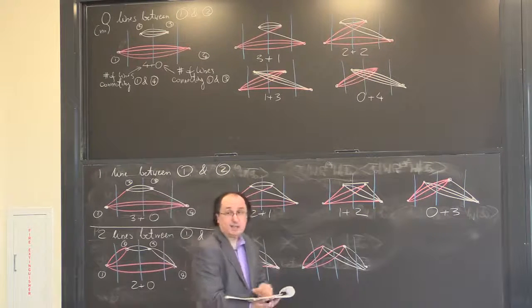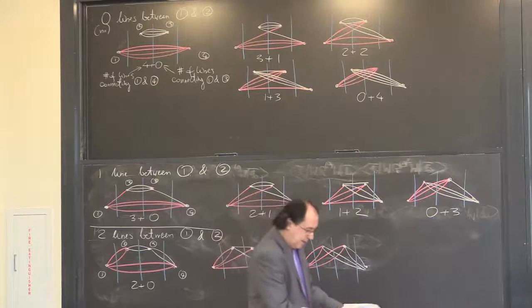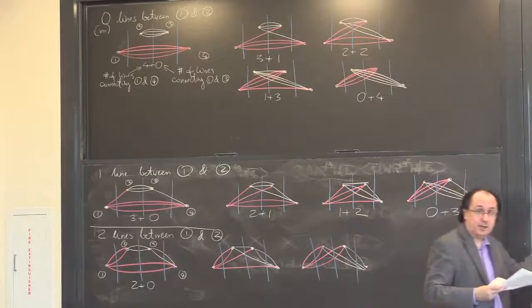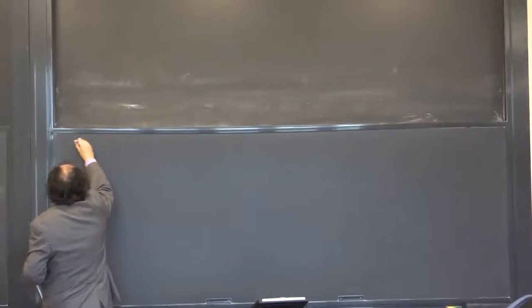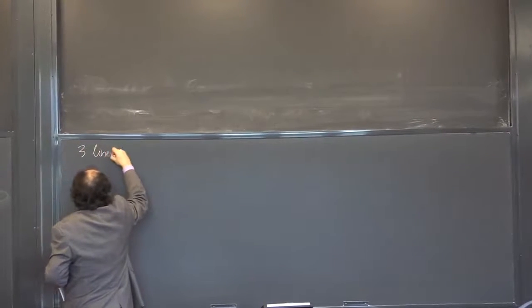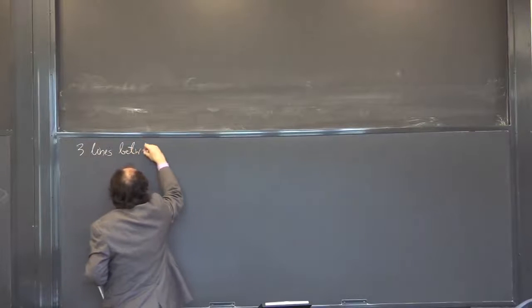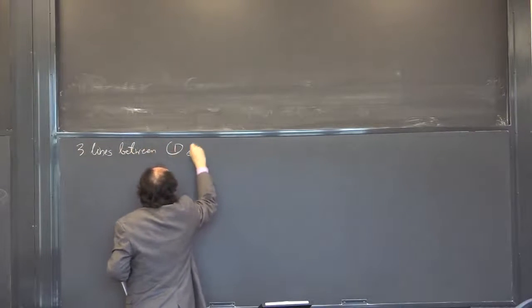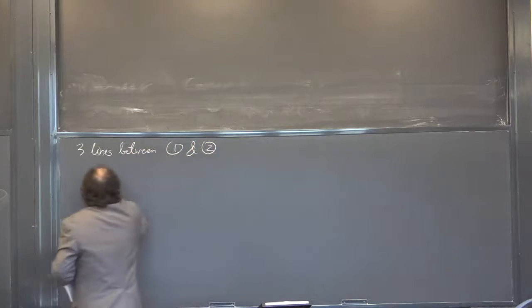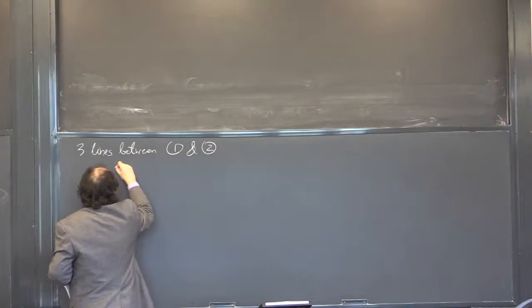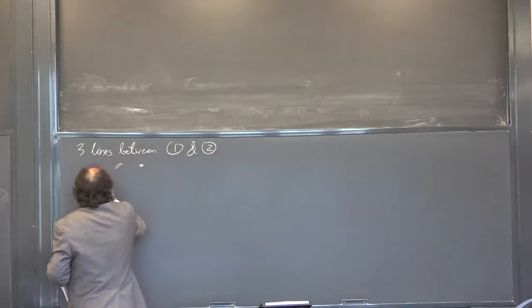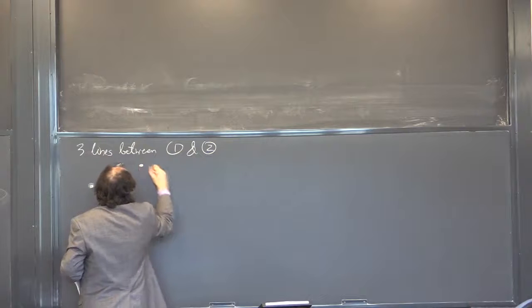And then the next class is the class where we have 3 lines between 1 and 2. Once again, I think you can already see how we do this.